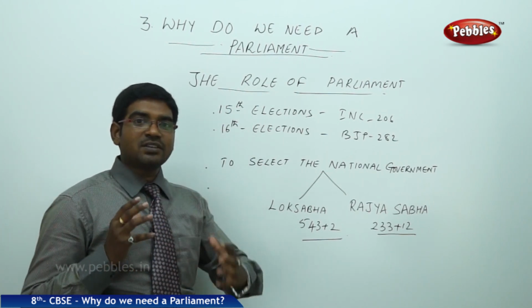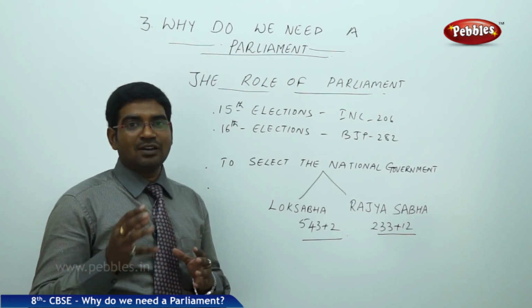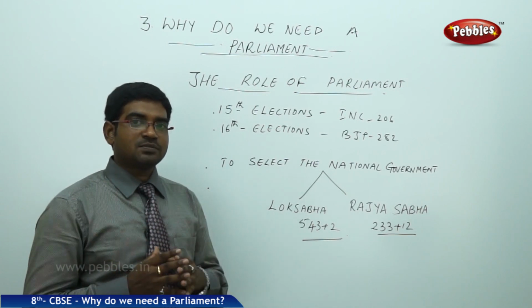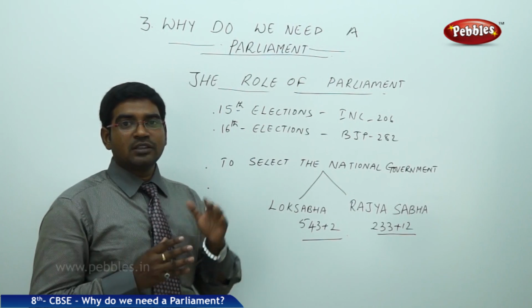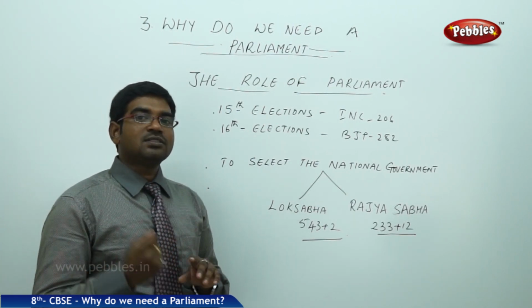The parliamentary structure itself we borrowed from the UK model of government. In the UK we have a parliamentary setup where they have two houses, the House of Lords and the House of Commons.